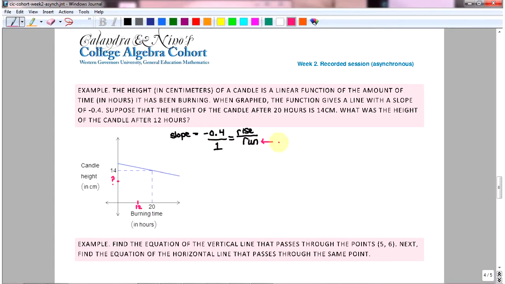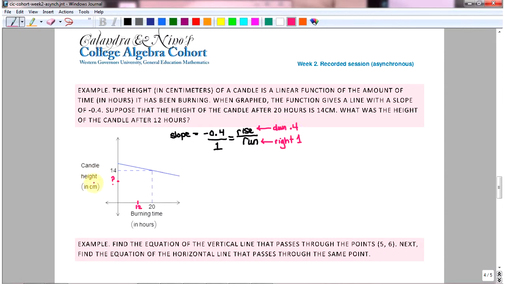Since this is positive, this means if we go right 1 unit on our graph, then the rise tells us how far up or down we're going to go. Since it's negative, we're going to be going down 0.4 units. So for every increase in x by 1, and notice that x represents the time in hours, so every hour the y values are going to decrease by 0.4.